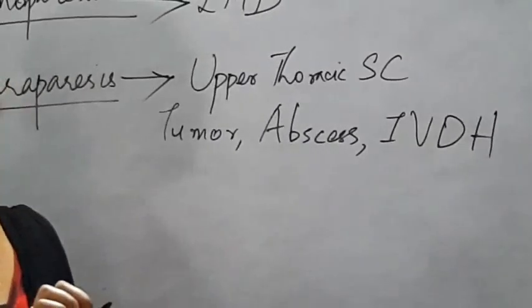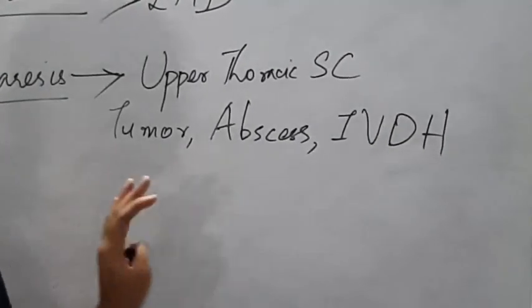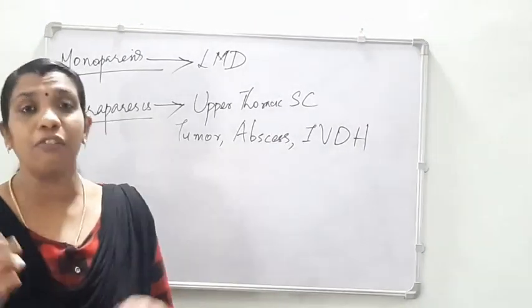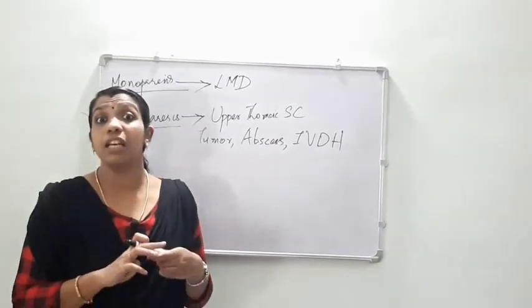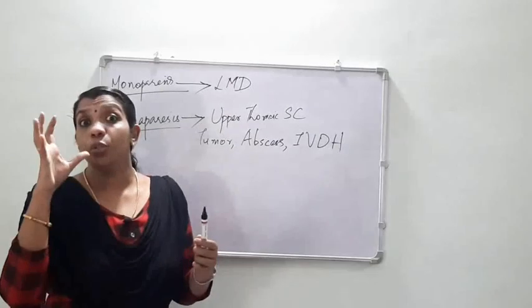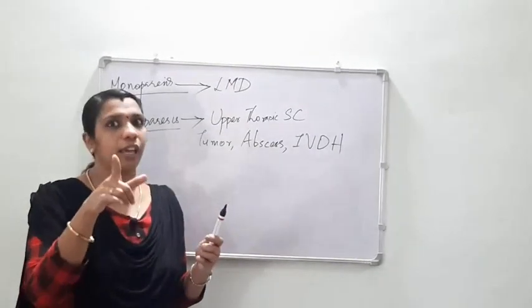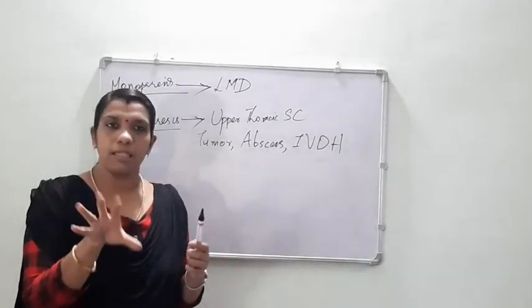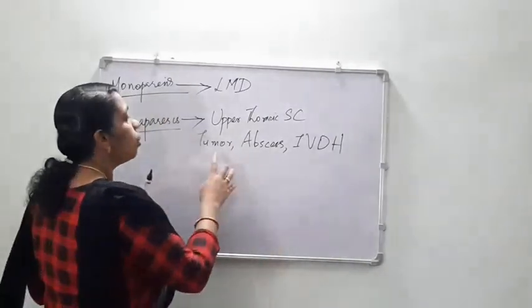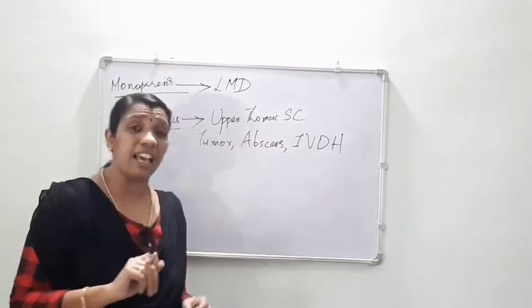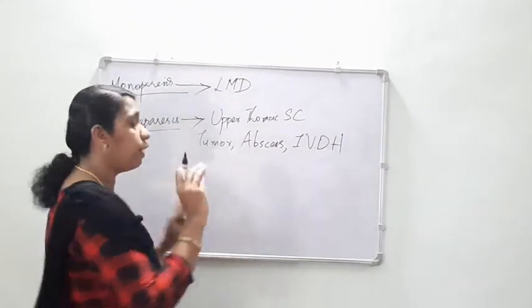This intervertebral disc herniation may also lead to paraparesis. You should be very careful while treating a case of intervertebral disc herniation, and careful in assessing its symptoms. It may result in paraparesis.